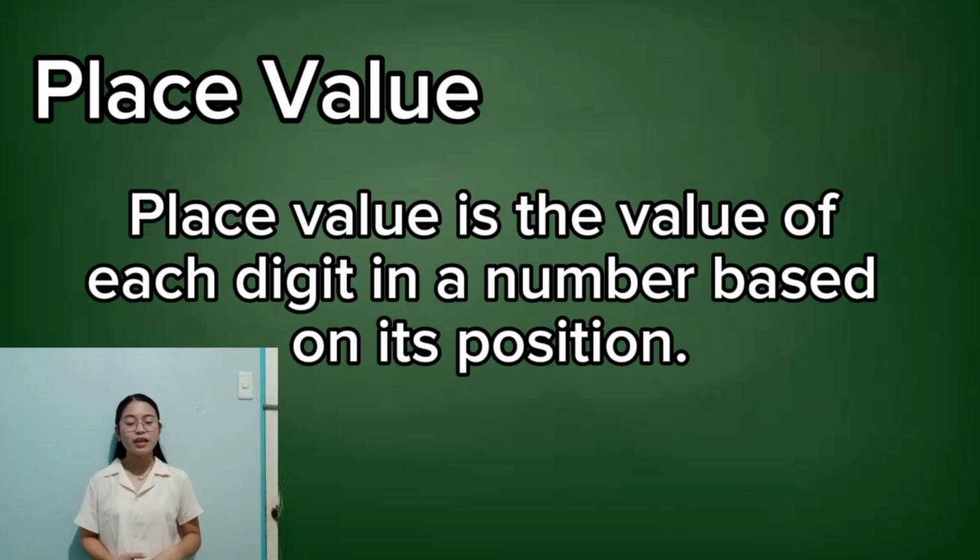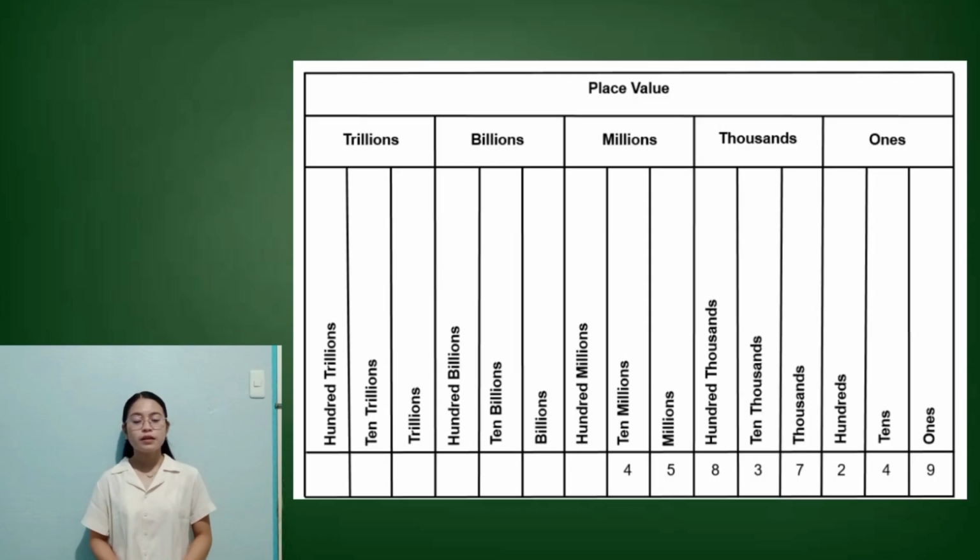Every digit in a number has a specific place value, which determines its worth. Let's go through them one by one. Starting from the right, the first digit represents the ones place.